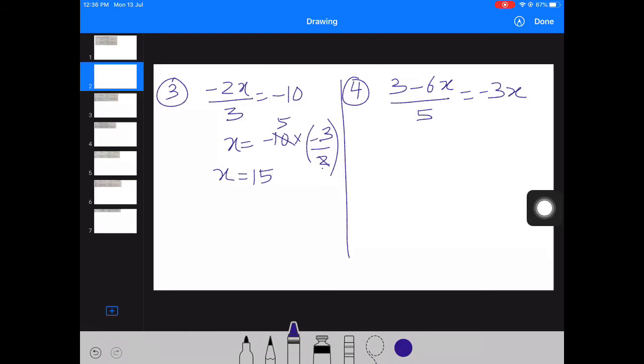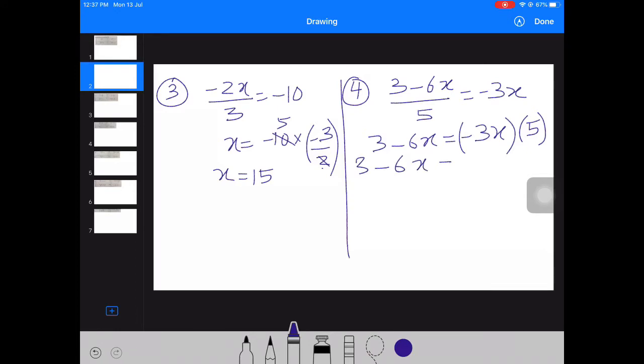So it becomes 3 minus 6x equals negative 3x. So 5 on the left here is divide, so when you bring it to the right, it becomes multiply. 5 multiply negative 3x.